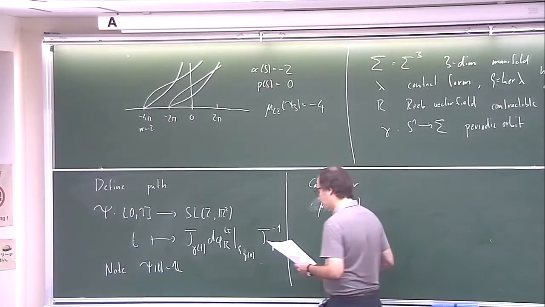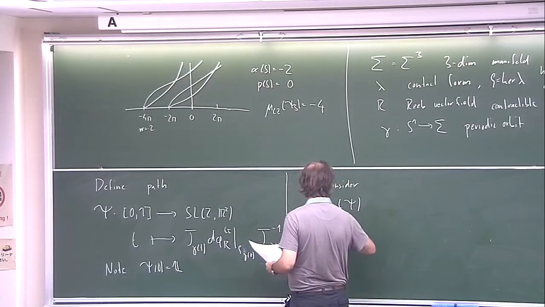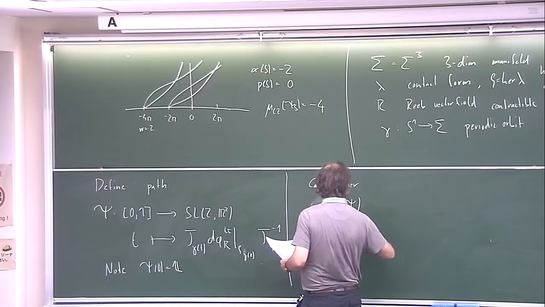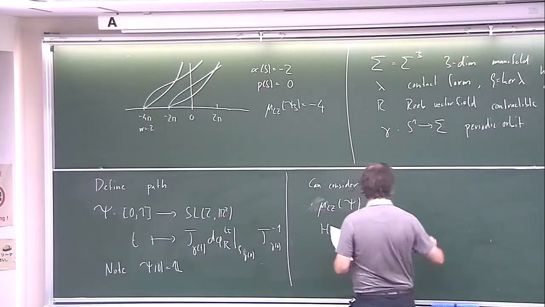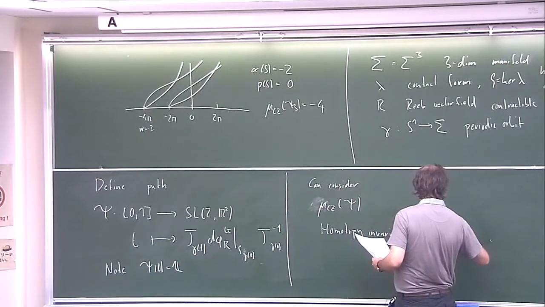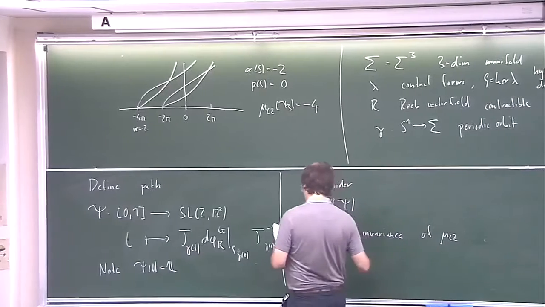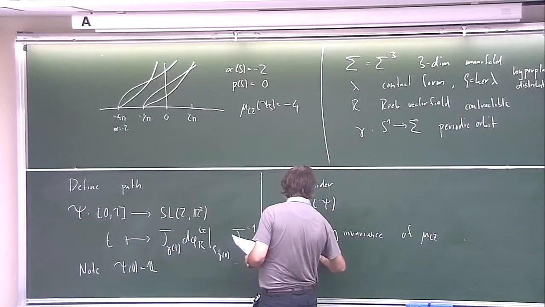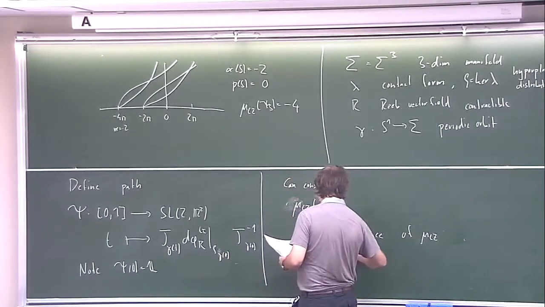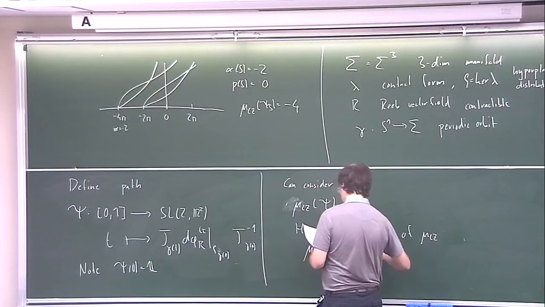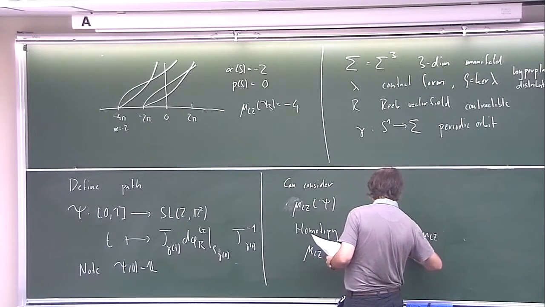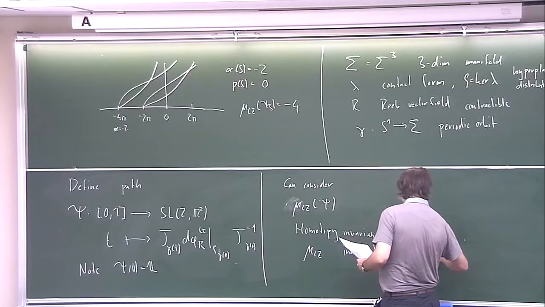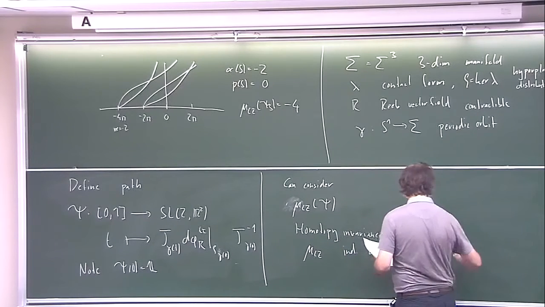So because of the homotopy invariance of the Conley-Zehnder index, this index is independent of the trivialization tau.